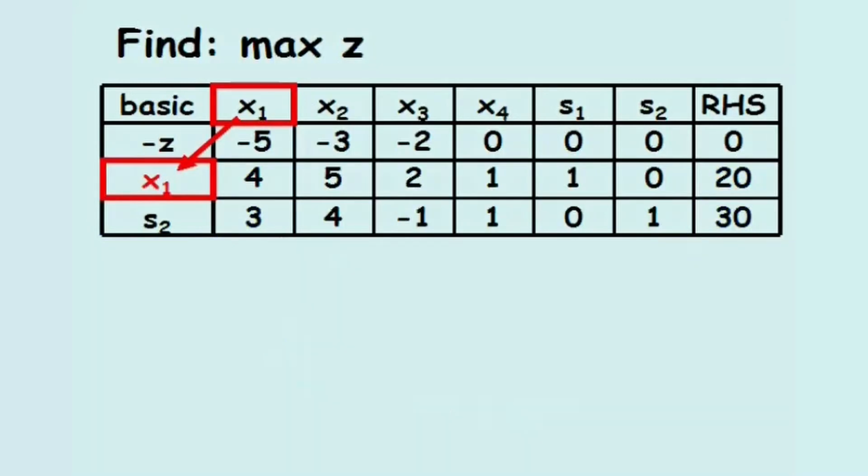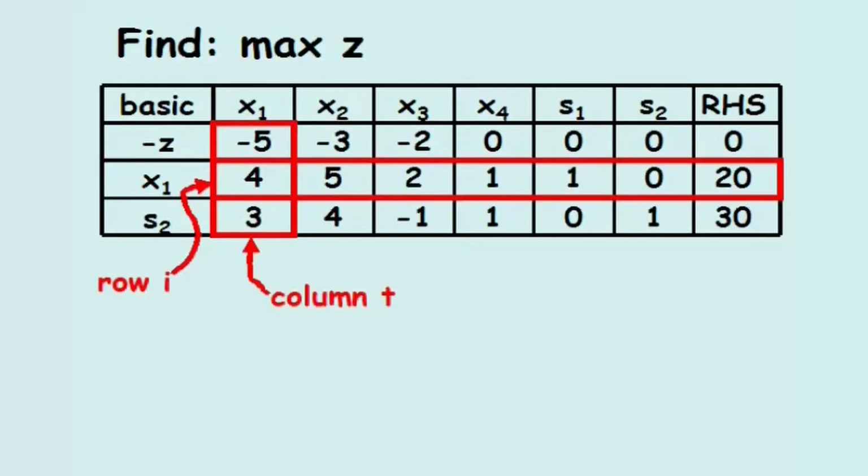After inserting variable x1 into the basis, the pivot operation from linear algebra is performed, so the tableau is again in canonical form. Pivoting involves adding a multiple of row I to all rows such that all rows in column T equal 0, except row I, which equals 1.